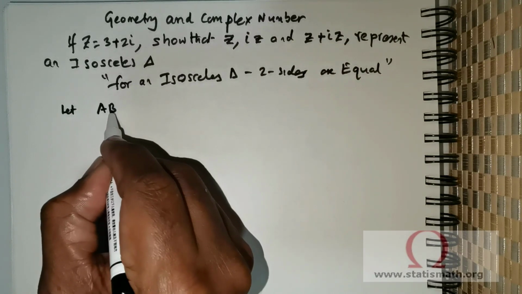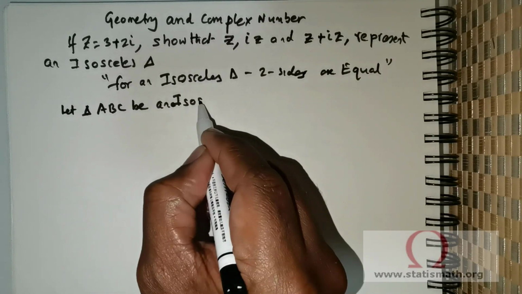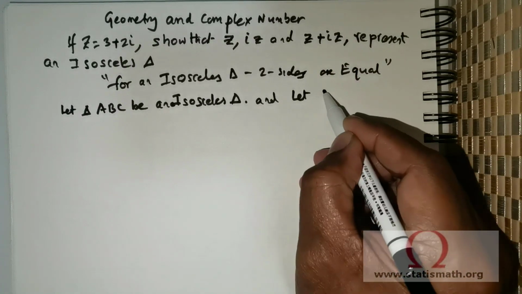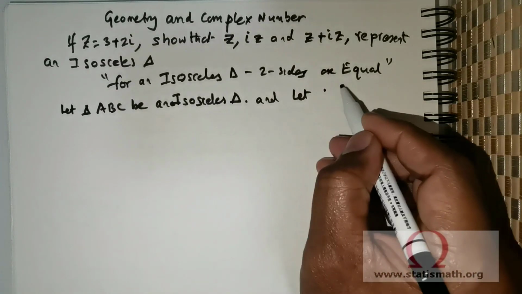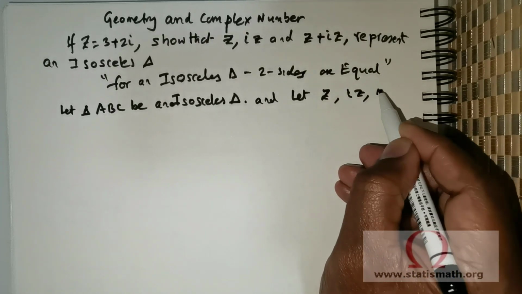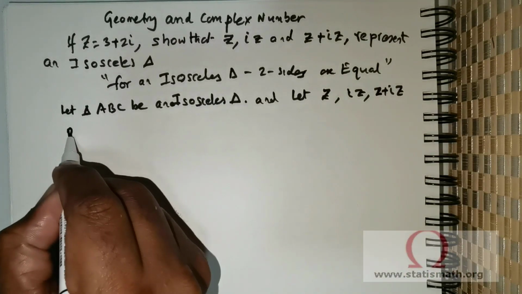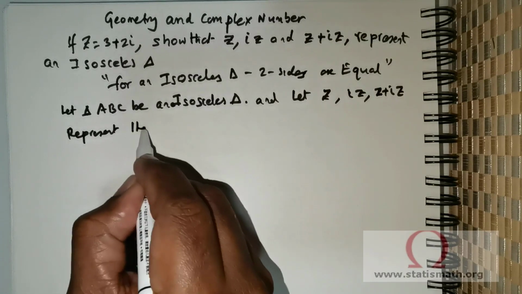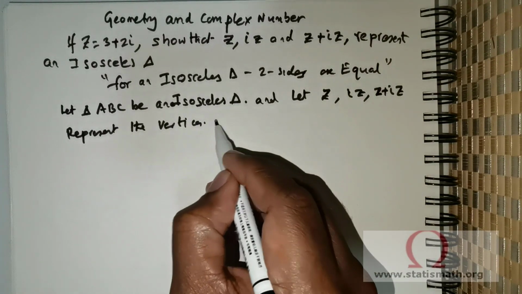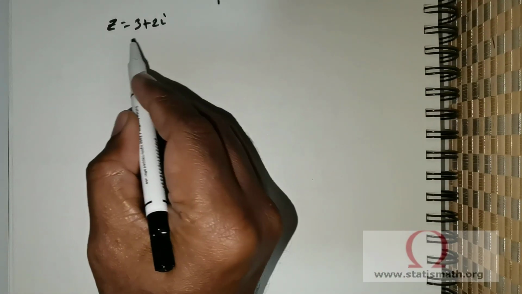Let A, B, C be an isosceles triangle, and let z, iz, z + iz represent the vertices of triangle ABC. Now z is given to be 3 + 2i.